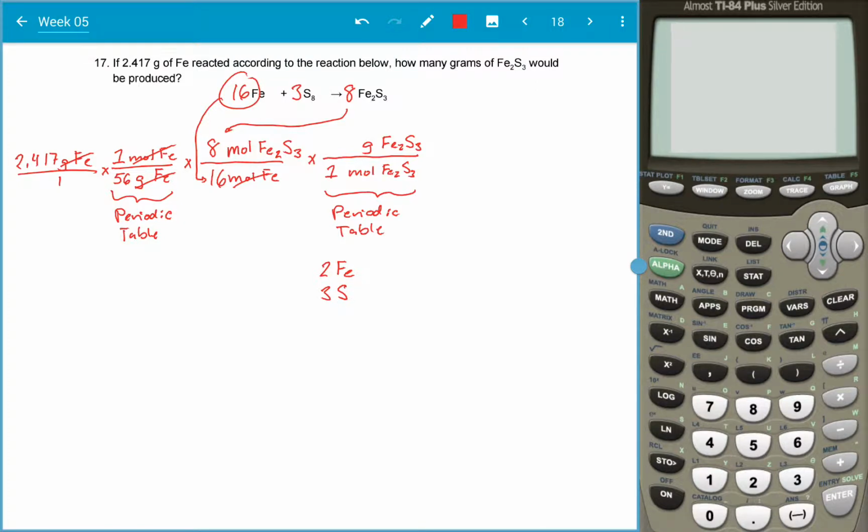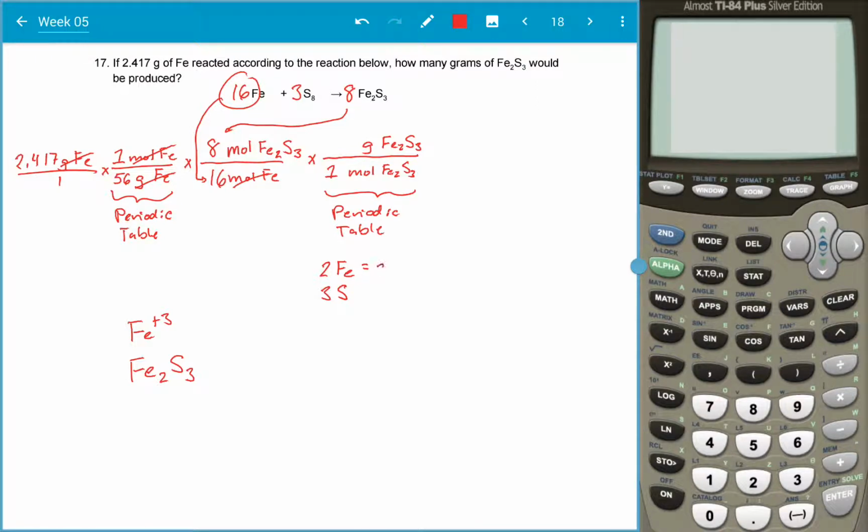Again, just as a reminder, if we say iron 3, we're talking about a +3 charge. But in a compound of iron 3 sulfide, these subscripts tell you how many of that element you actually have. You have 2 irons and 3 sulfurs, regardless of what the charges might be. Try not to confuse the two.